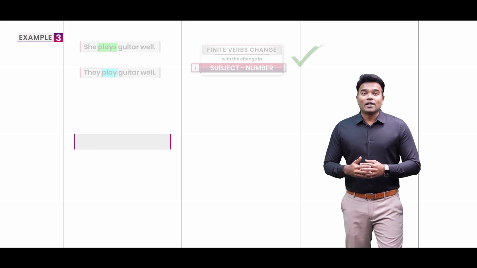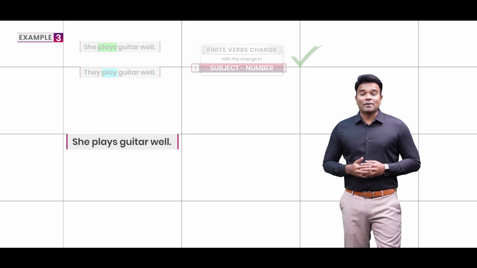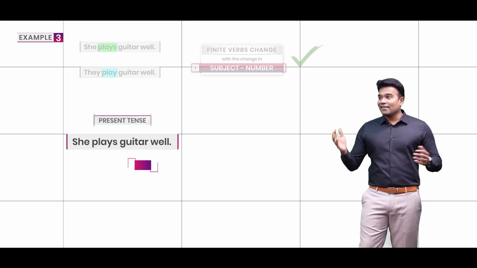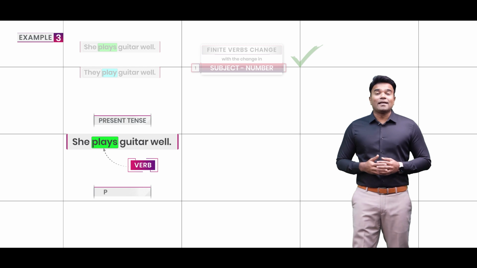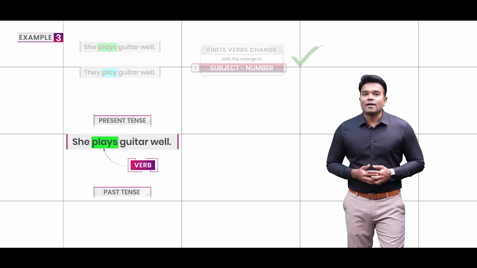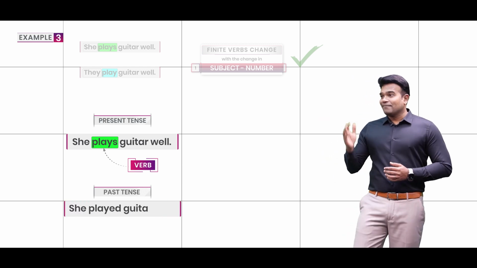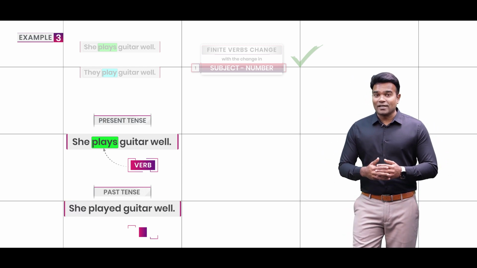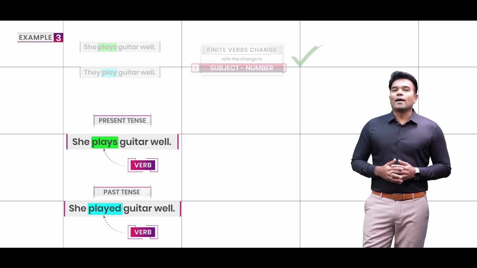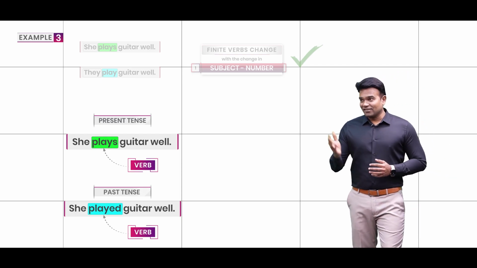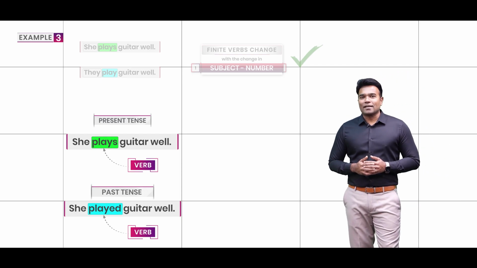And you know that she plays guitar well happens to be in the present tense, and in case I have to express this sentence in the past tense, then I will have to express it like this. Yes, I will have to make use of the verb played, only then the sentence shall be transformed to the past tense.